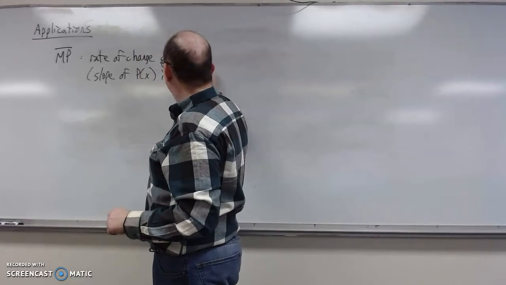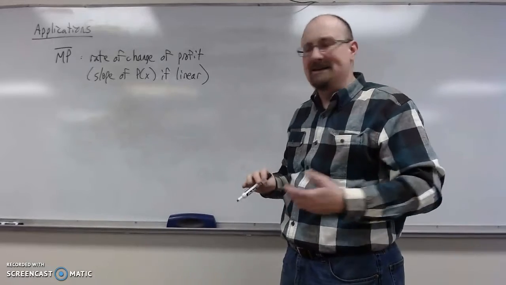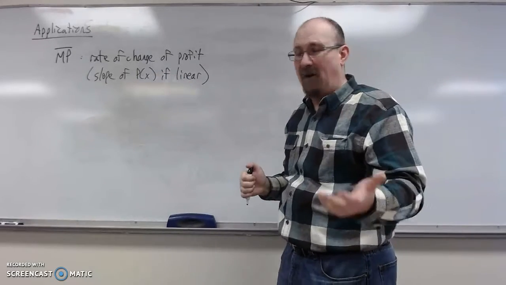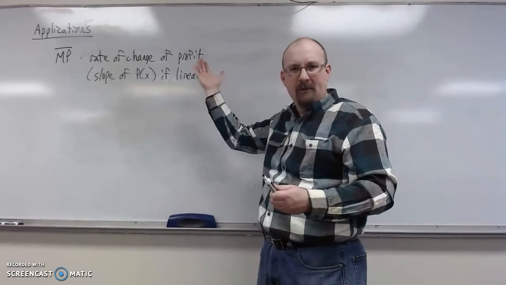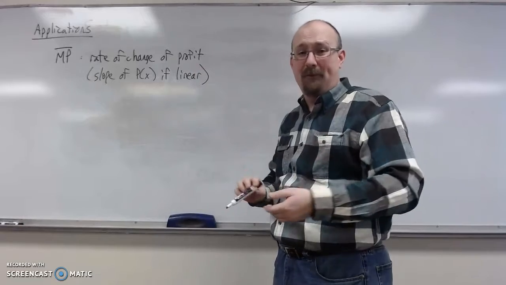Now, when we get to some other types of functions later, we might lose that niceness. But for now, if we can figure out the slope of our P of x function, which is like the coefficient of x, that's typically not too tough, then we've got what we need. And this same process repeats for revenue and cost.